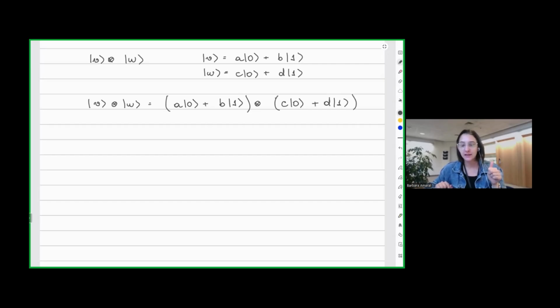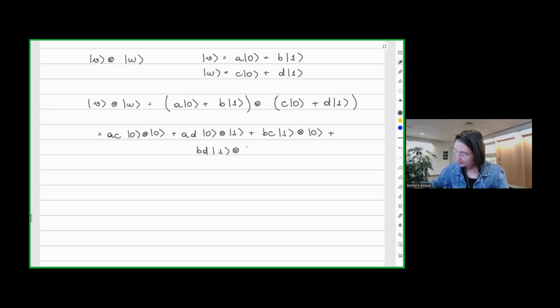And as I said in the beginning of the class, one of the main properties of the tensor product is linearity. That's how it was defined. So now we use linearity here to extend the tensor product. So this is going to be equal to ac zero tensor zero plus ad zero tensor one plus bc one tensor zero plus bd one tensor one.